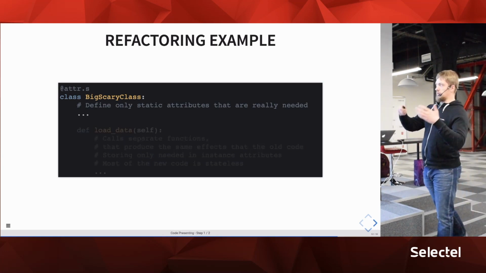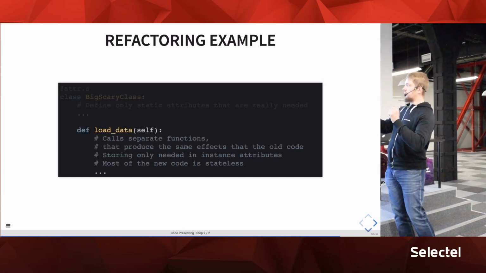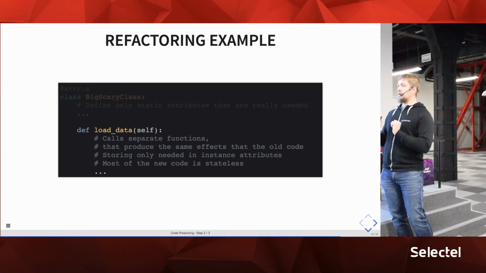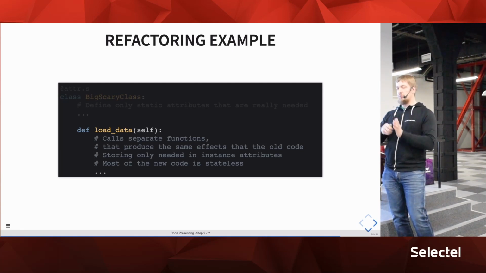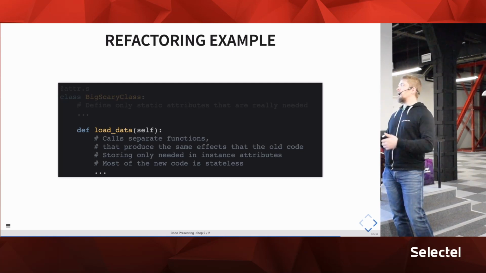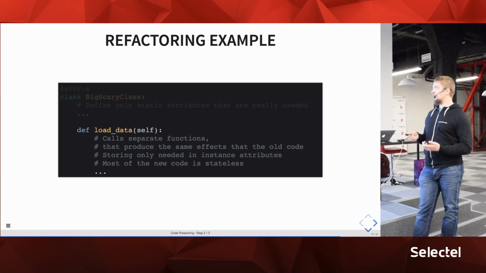We have only static attributes that we really need. We have the same interface that we had before, but inside, everything was working with separate functions that are tested and that produce the same effects as the old code. We are storing only what's needed in the instance attributes, and most of the new code is stateless.